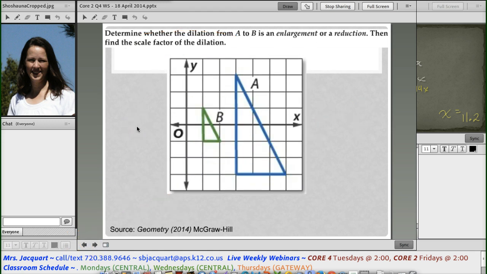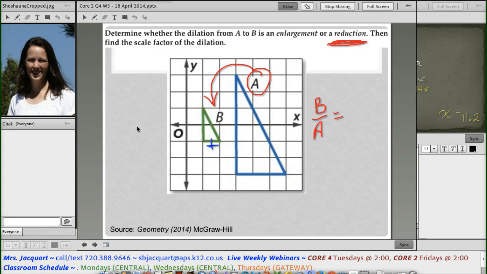Okay, determine whether the dilation from A to B is an enlargement or a reduction. It's a reduction. We're still going to put B on top and A on bottom. And let's pick our numbers. Got 1, 2, 3. Whoops. Back. B's on top.